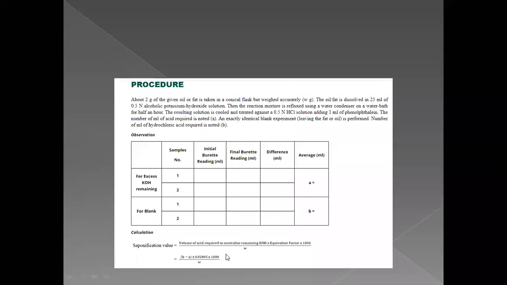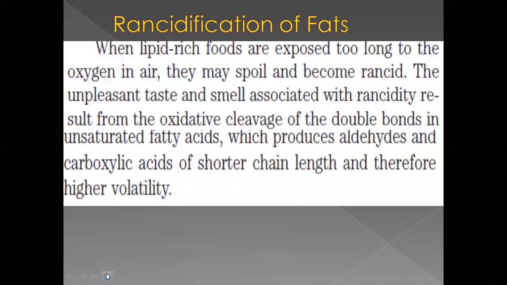The resulting value gives us the saponification number. The higher the saponification number, the poorer the quality of the sample. The lower the saponification number, the better the quality of the sample.